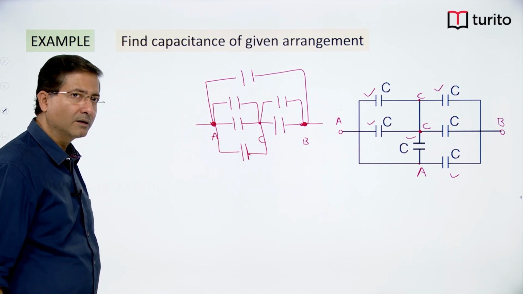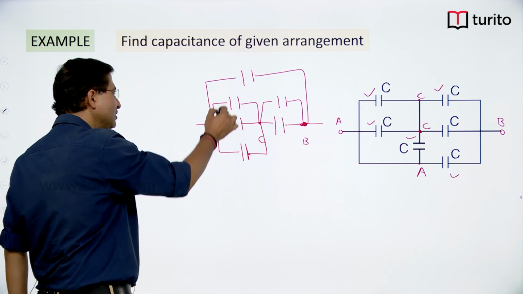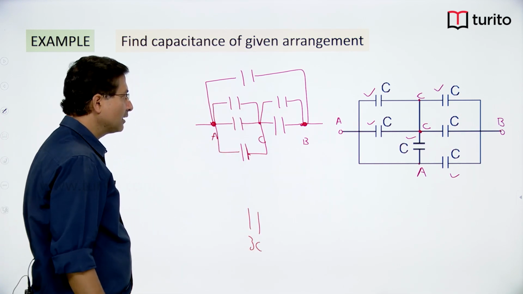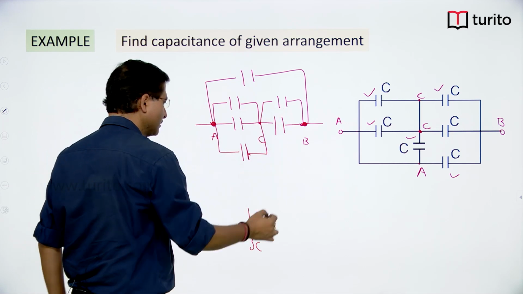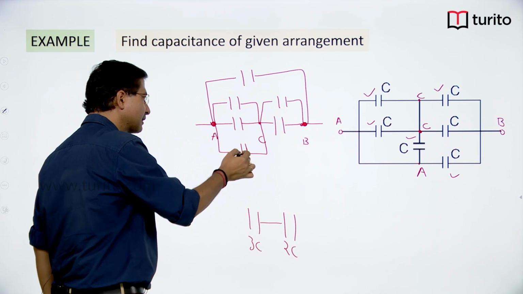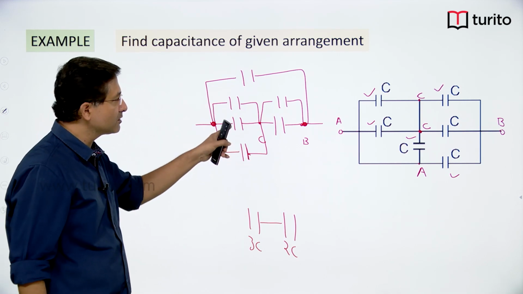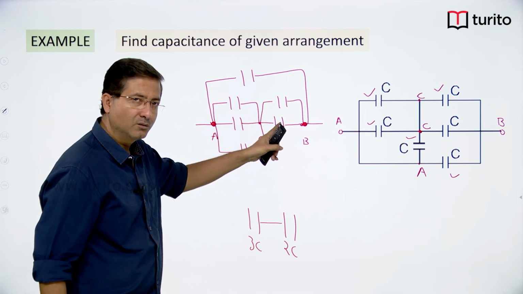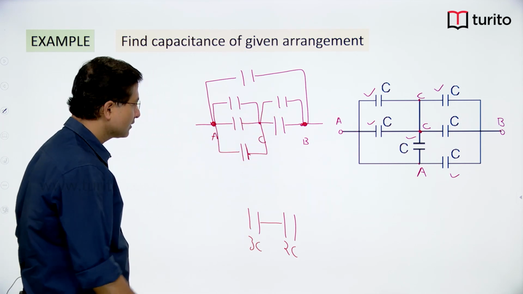Now we need to simplify. Here I can see 3C and here I can see 2C. These three are connected in parallel, so C1 plus C2 plus C3, giving 3C, and the two are connected in parallel, giving 2C.